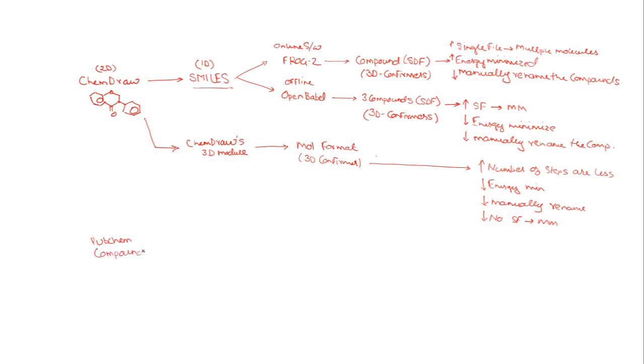Simply go and search in PubChem Compound, and you can directly get your 3D conformer. Right, and you can download it in SDF format, and using ChemDraw you have got the molecule in mol2 format.